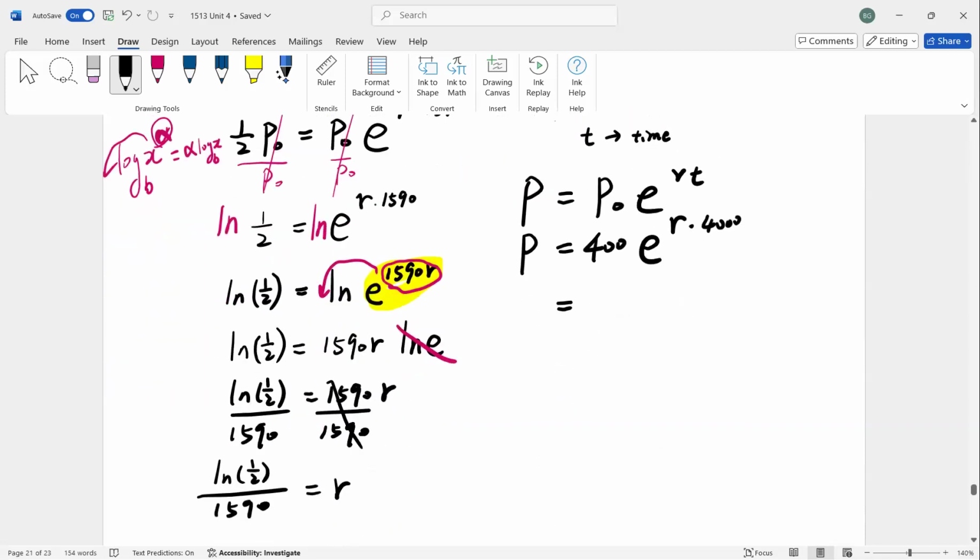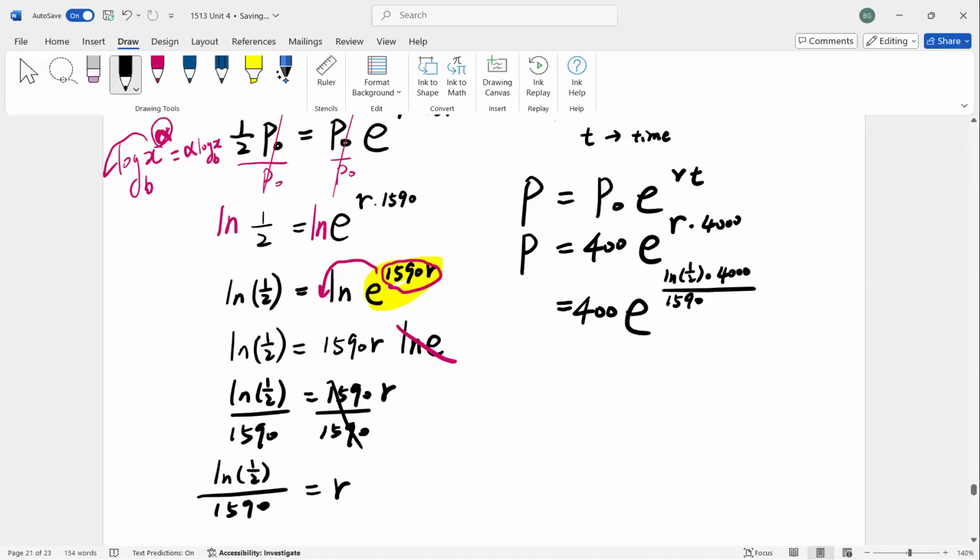Okay, so now let's put this R back. 400 e to the power of ln half over 1,590, times 4,000. So I'm going to put the 4,000 on the top. Again, this is algebra.